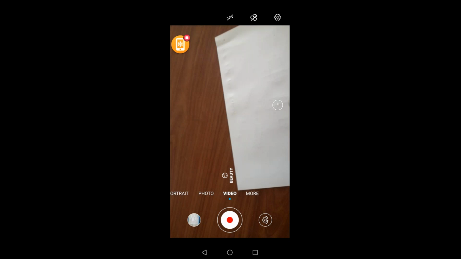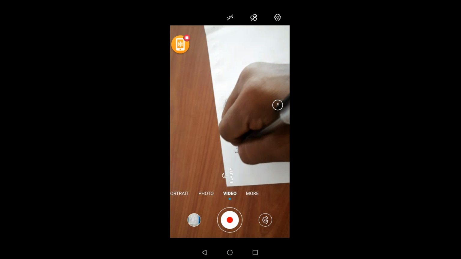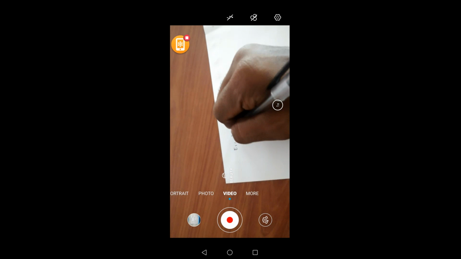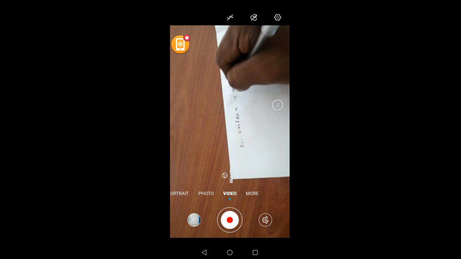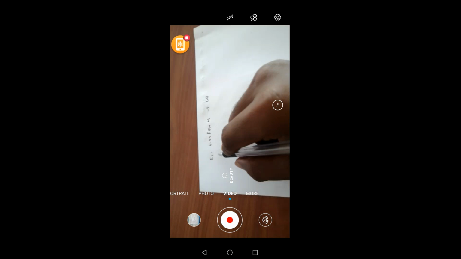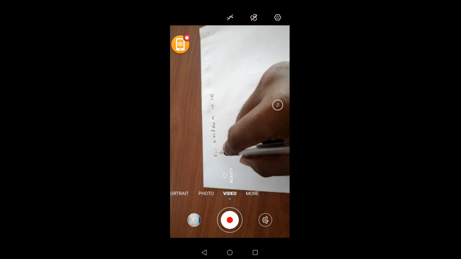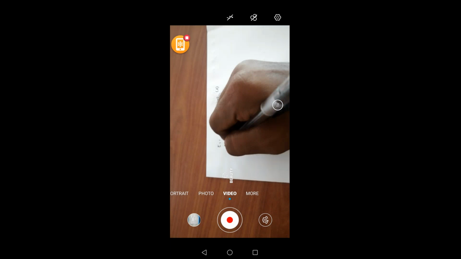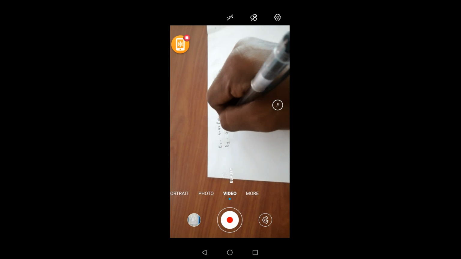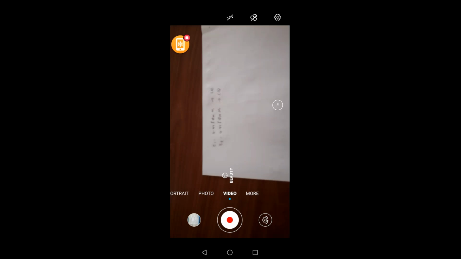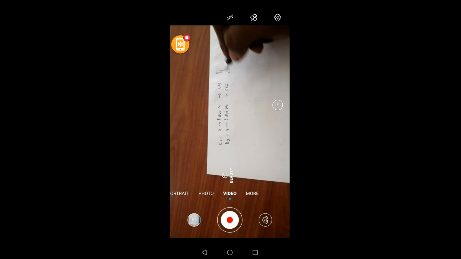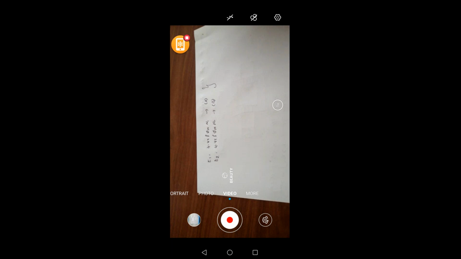So E1 equals 4.44 f pi m N1. This is equation A. Now the same EMF equation we can get from the secondary: E2 equals 4.44 f pi m N2. This is equation B. So these two equations represent the EMF equation of a single phase transformer.